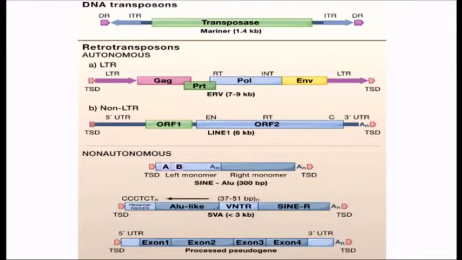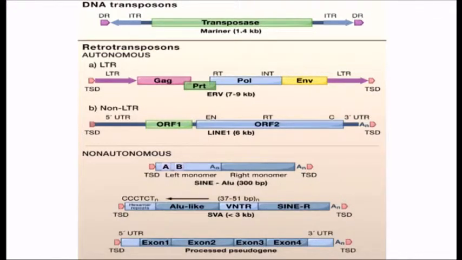They can't go from one cell to another cell. They're stuck in the cell in which they're made. And they make up about 8% of the human genome. And as far as we know, none have been found to be active in present-day humans.